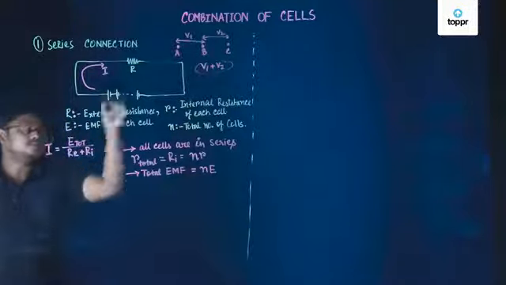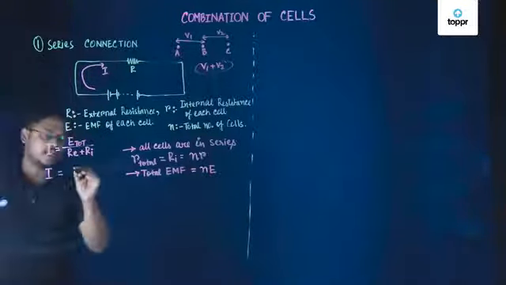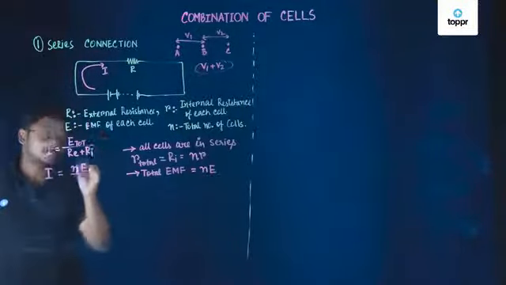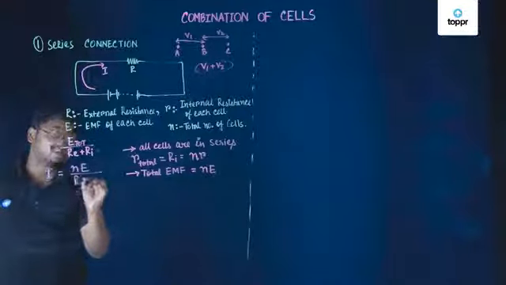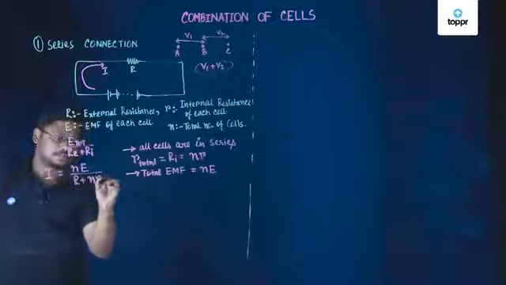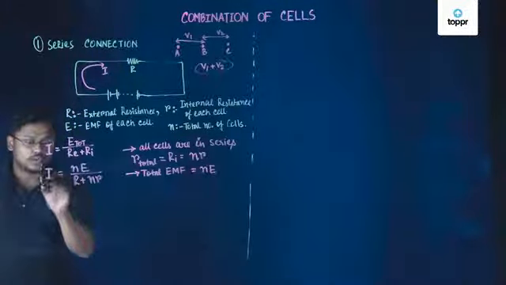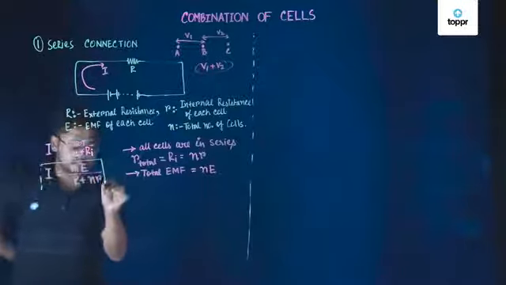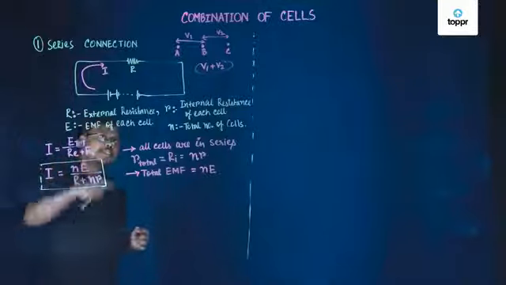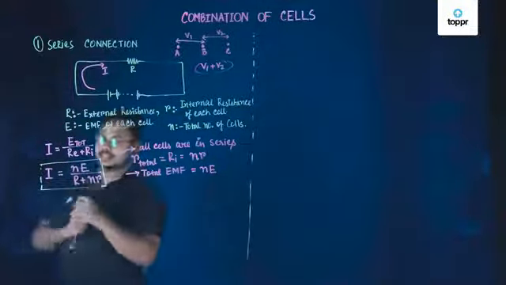The current flowing through the external resistor will be I equals n times E divided by the external resistance R plus the total internal resistance nr. This is the expression for the total current flowing through the circuit when the cells are connected in series. Now let's discuss two limiting cases.